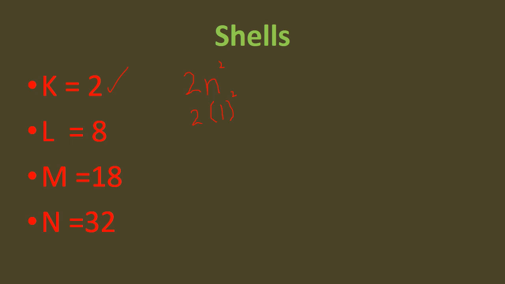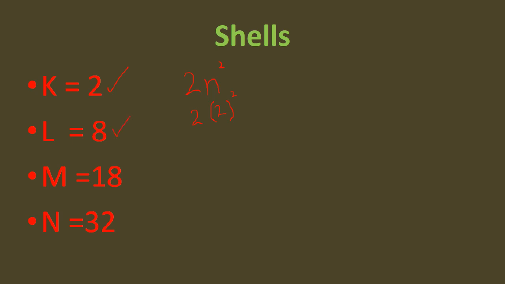Now I will move toward the L shell. What is the value of L shell? The value of L shell is 2. So at the place of n, I will put 2. And the answer is pretty sure. It will be 8.